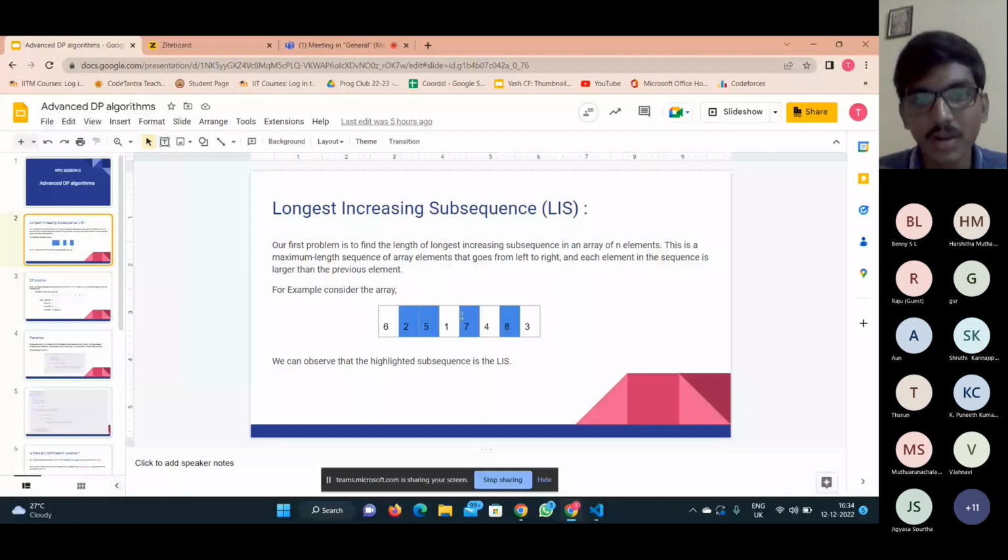Of all possible subsequences of this array, 2, 5, 7, 8 has the highest length. The length is 4. Any ideas? Of course, not brute force, where we find every possible subsequence and take the highest length.